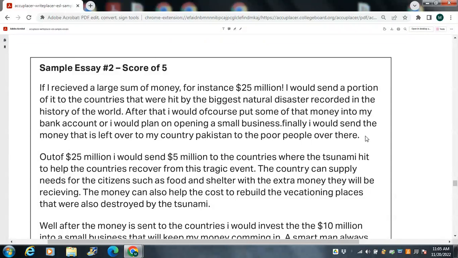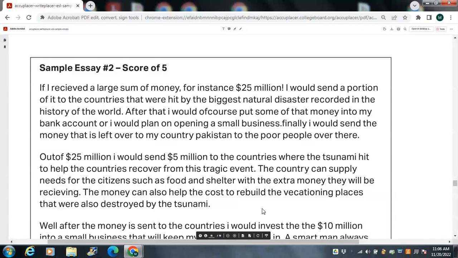With that said, writers, every idea is clear. It's crystal clear what this student wants to do with the money, and there's no confusion really about it. As far as the sentence structure goes, again, we have a fragment followed by a complex sentence, followed by what really wants to be a compound sentence, and they just needed to put that comma right after "bank account," followed by a complex sentence.